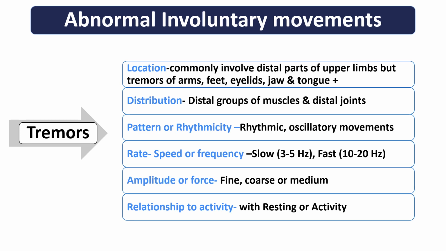So now I will explain all the abnormal movements one by one. So first, tremors. To define tremors, we can say these are purposeless involuntary movements. These are rhythmic oscillatory movements. And according to all these points, we can say it involves the distal parts of the upper extremities generally.